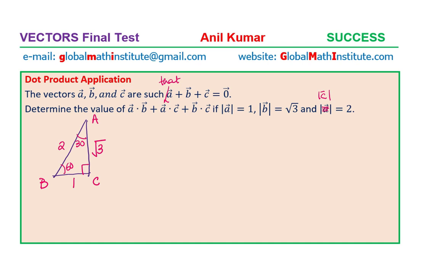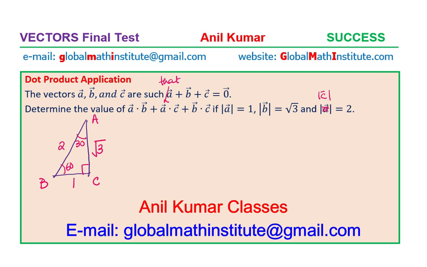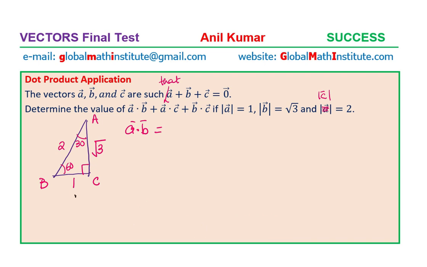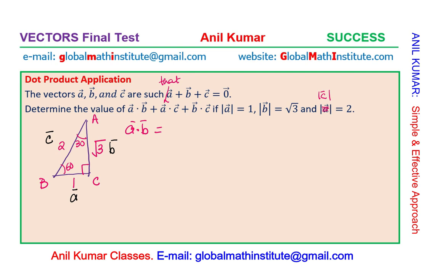Now the idea is, what is A dot B? Let's figure out what is A dot B. Can you tell me that? We know the angles, right? When I say A dot B, this is the side A, this is the side B, and this is the side C. If I talk about the vectors A, B, and C, then the vectors are going in this direction.